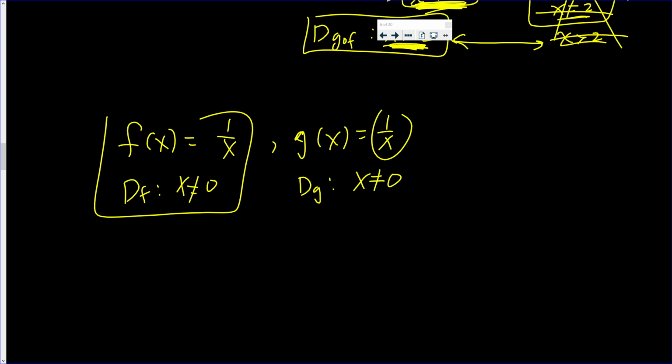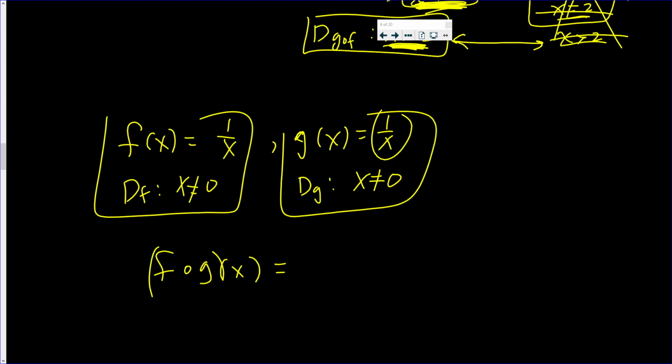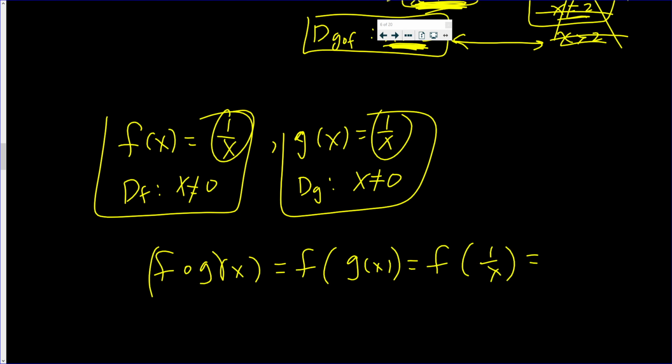X can't be 0. If you compute f circle g of x, that is f of g of x. G of x happens to be 1 over x, and f of x just takes the reciprocal. The reciprocal of that is x.